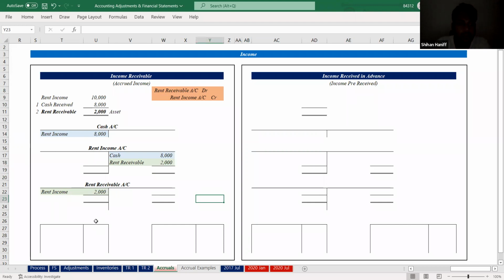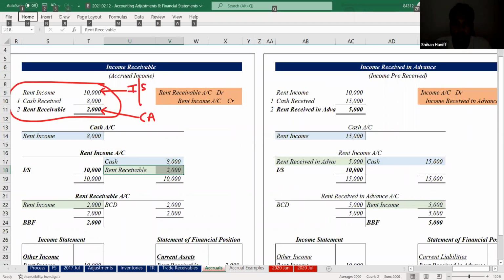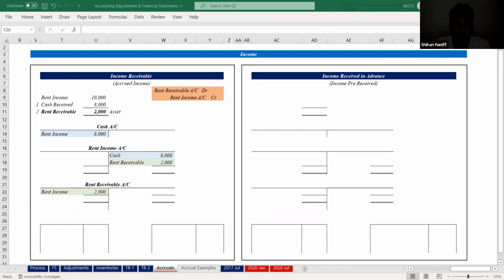So for the income statement, we have to take the income for the month, which is 10,000. This total rent income 10,000 and SOFP.